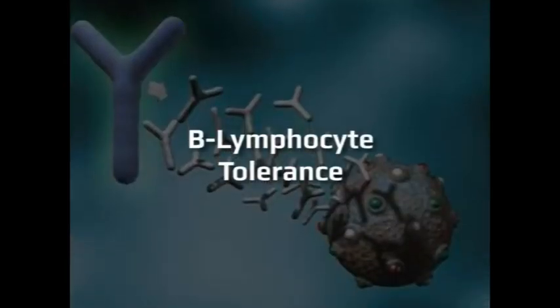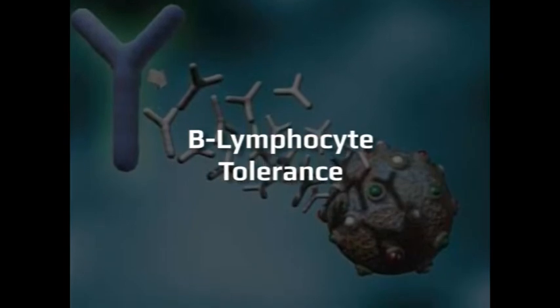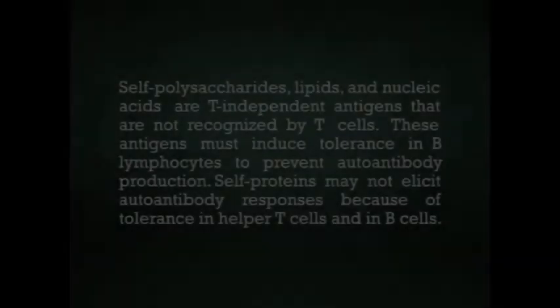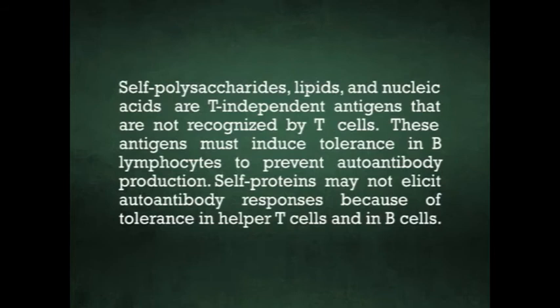Coming to the B lymphocyte tolerance. Self-polysaccharides, lipids, and nucleic acids are T-independent antigens that are not recognized by T cells. These antigens must induce tolerance in B lymphocytes to prevent autoantibody production.